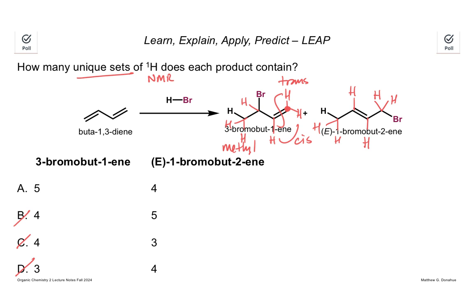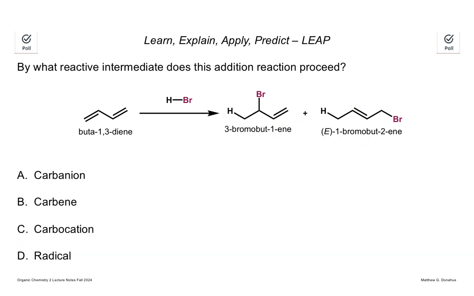Don't say, well, we didn't cover it this semester, because it's still over the 2 semesters. By what reactive intermediate does this addition reaction proceed? We said that was a carbocation. A carbanion is electron deficient.